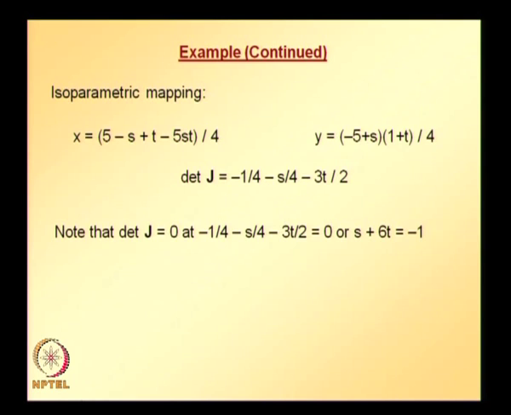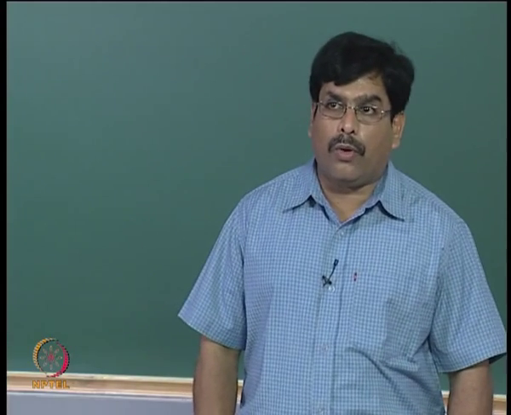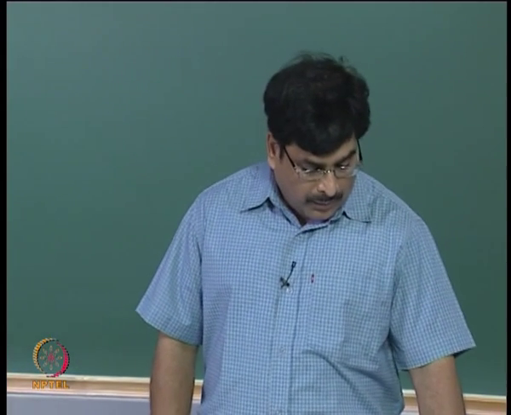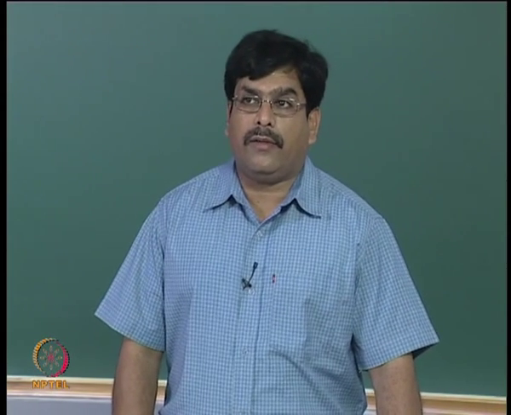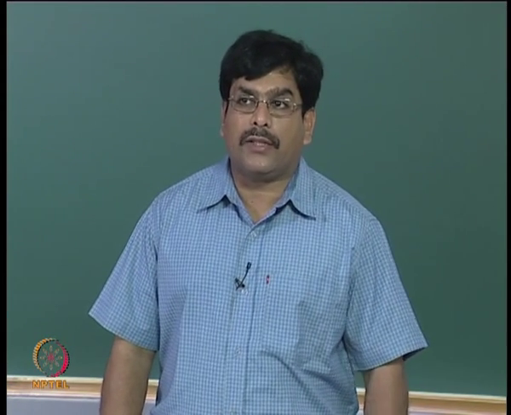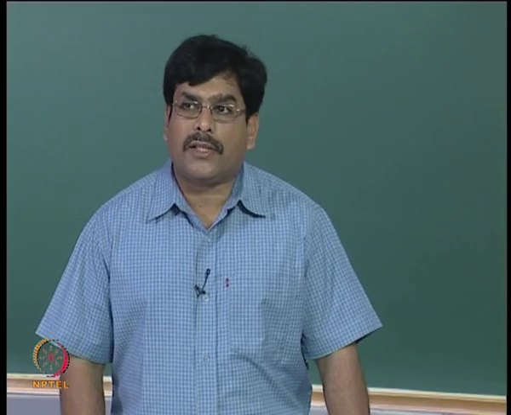And as I mentioned in the last class, if you overlay this line, that is s plus 6t is equal to minus 1, on the parent element domain, which has s going from minus 1 to 1, t going from minus 1 to 1, it can be clearly seen that this line is going to cut across the domain.